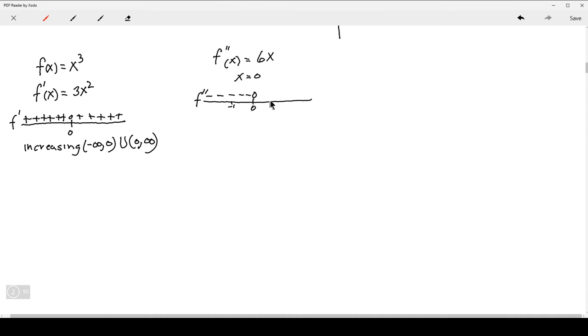If I pick a value on this side, say +1, and I plug it in, then I have 6 times 1 is 6, so it's positive on this side. So this does change concavity, so x equals 0 is an inflection point.